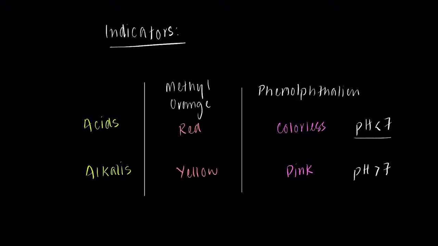Because if a solution has a pH less than 7, it'll be acidic. If a solution has a pH greater than 7, it'll be alkaline. Following so far?